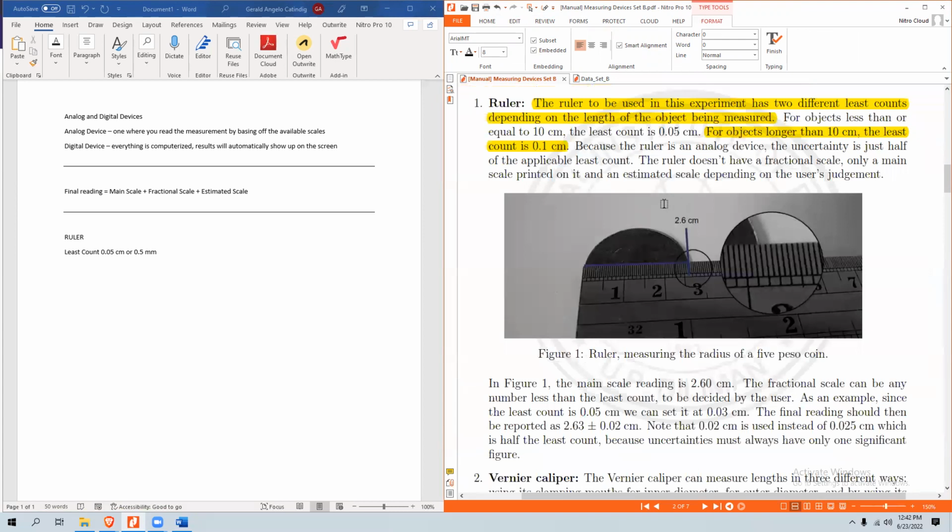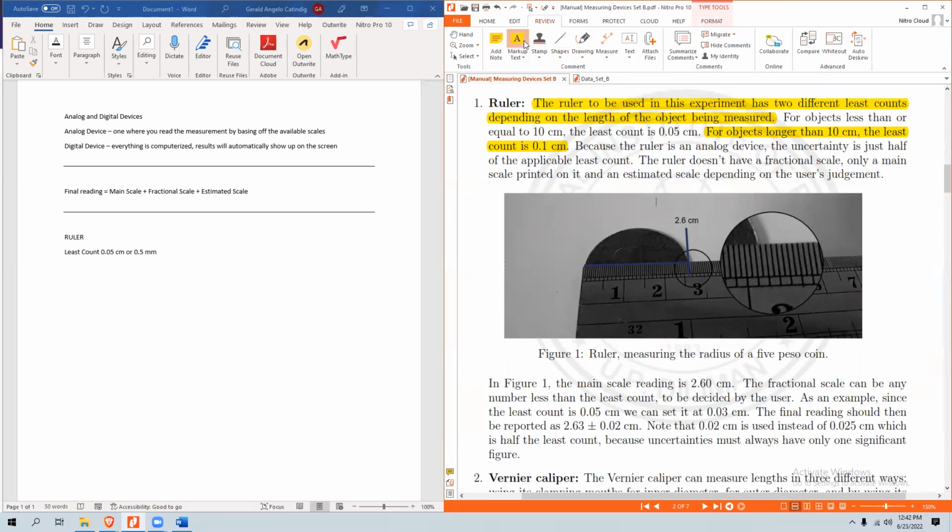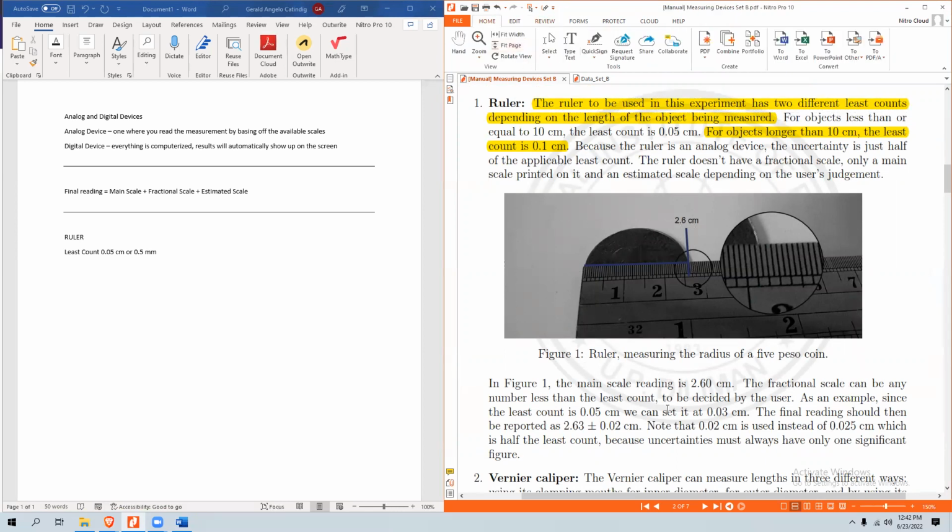Now that we have a main scale reading, the fractional scale can be any number less than the least count, to be decided by the user. So as an example, since the least count is 0.05 centimeters, the fractional scale was set to 0.03 centimeters.